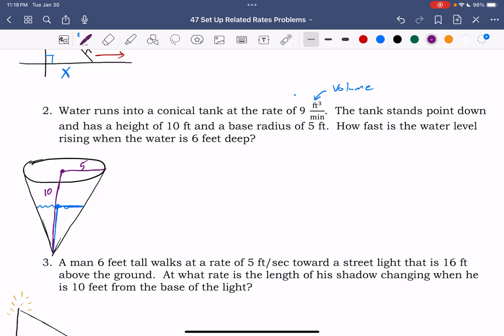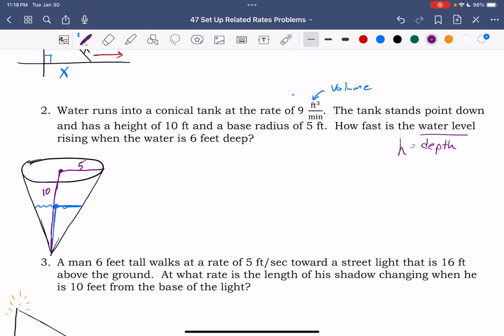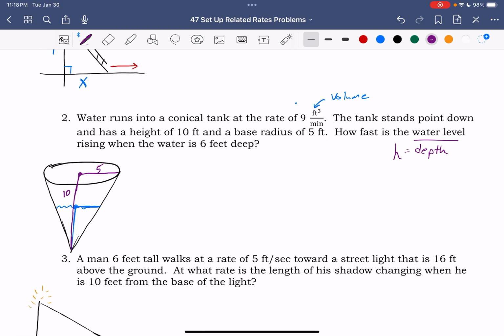And so how fast the water level is rising is referring to the depth. So this water level would be the depth, which I'm going to go ahead and label as h, just because it's very similar. So this would be my height. I see that as the height changing. And then I have this radius as well.